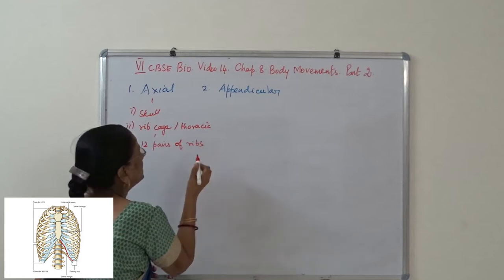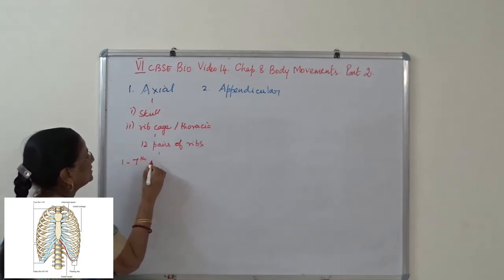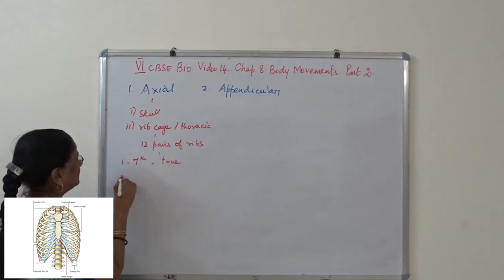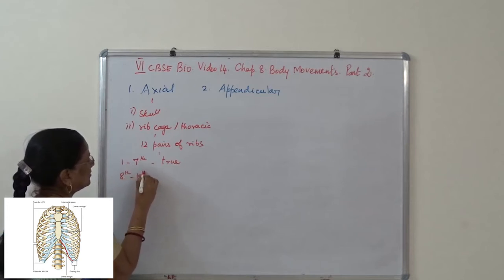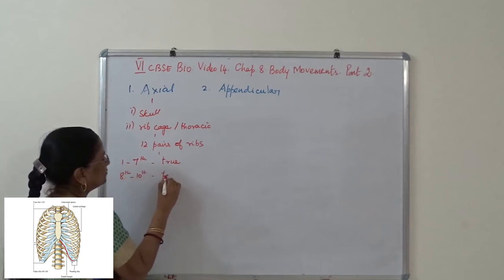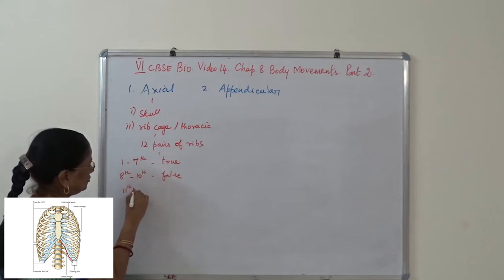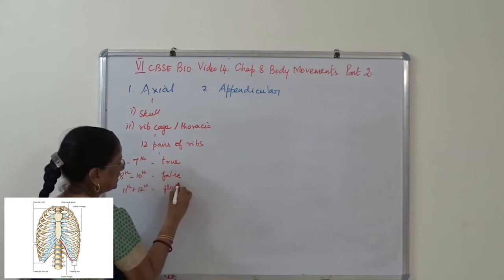These 12 pairs: the 1st to 7th pair are called true ribs, the 8th to 10th pair are called false ribs, and the 11th and 12th pair are known as floating ribs.